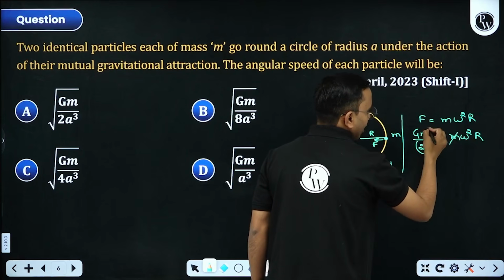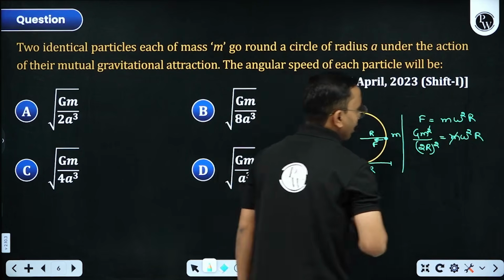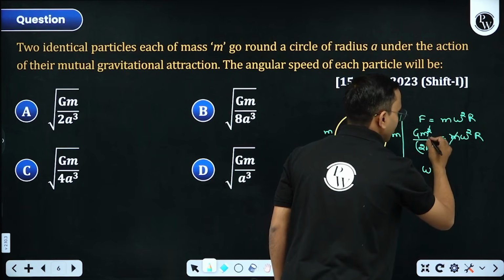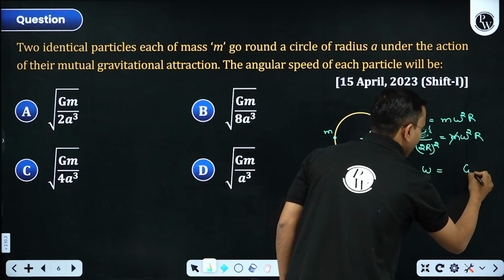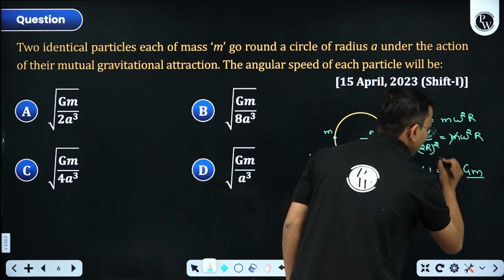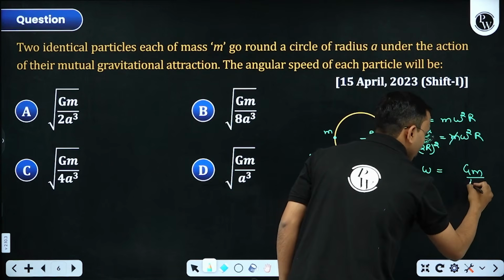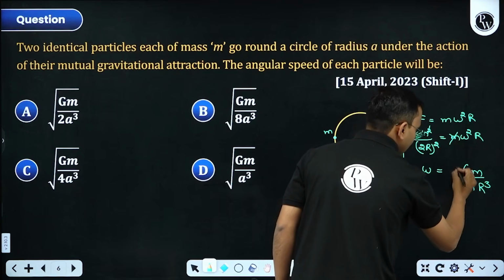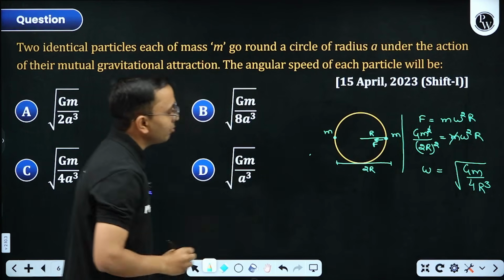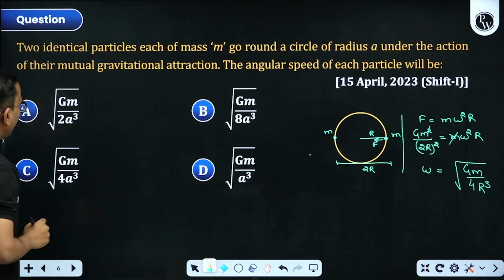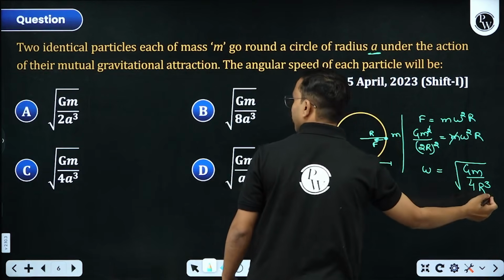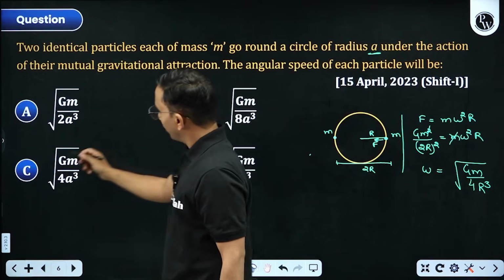From here one m got cancelled, and omega comes out to be root of G m divided by 4 r square into r, that is 4 r cube. Here the radius was not r, it was a, so it becomes root of G m by 4 a cube. That is option C.